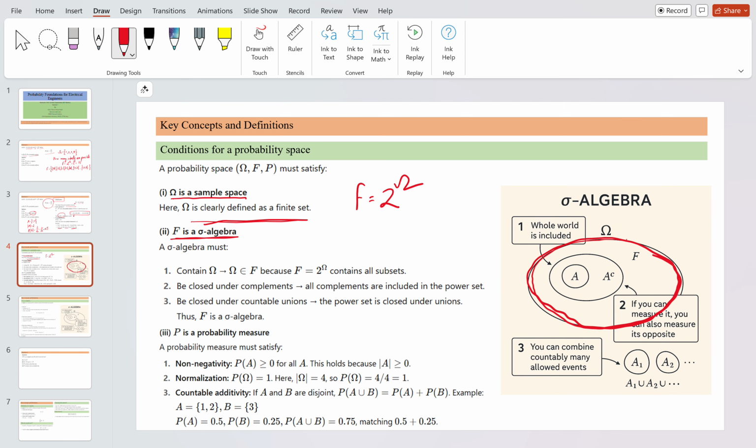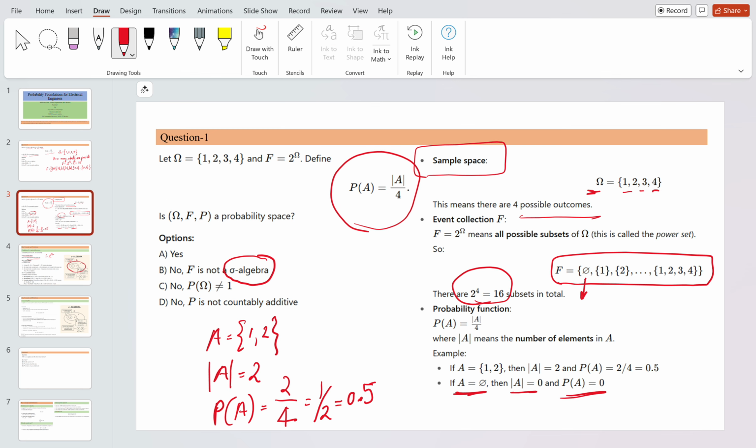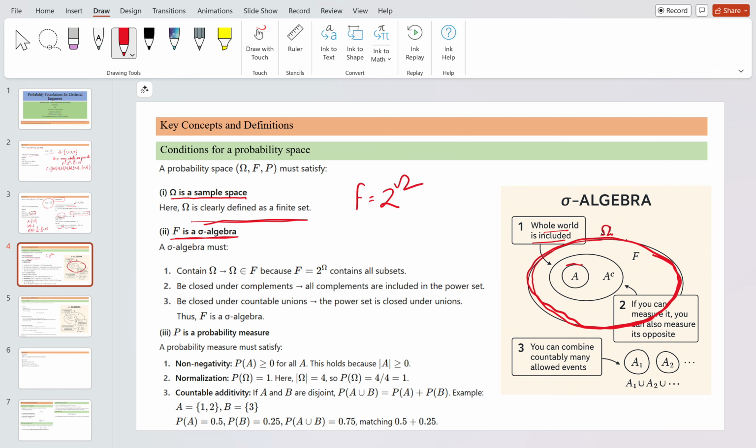F is equal to 2 to the power n, containing all the subsets. And omega, the whole world, is included in F. A is a subset inside of it. Suppose A is {1, 2}, which is a subset. Take one subset as A, and then A complement, AC, is the rest of the whole of F, so A complement is this much.